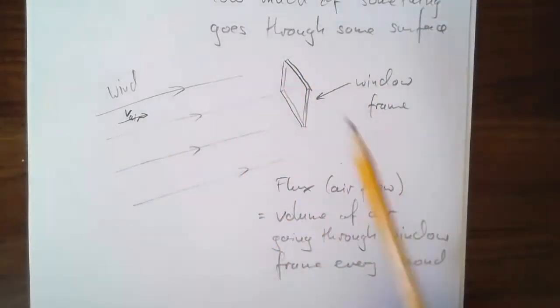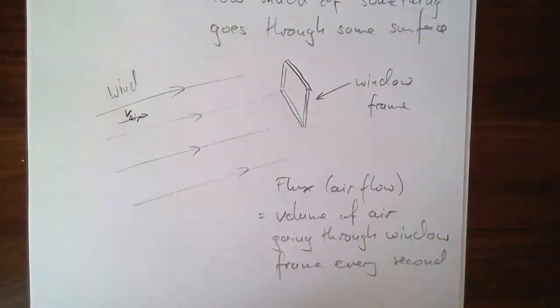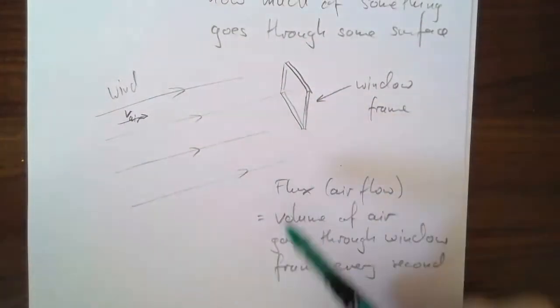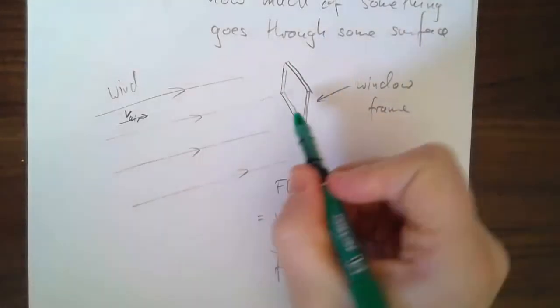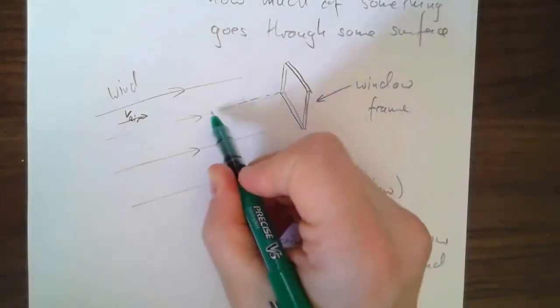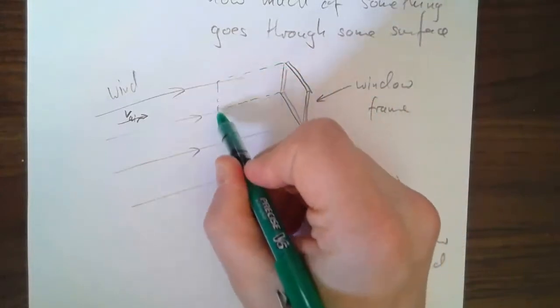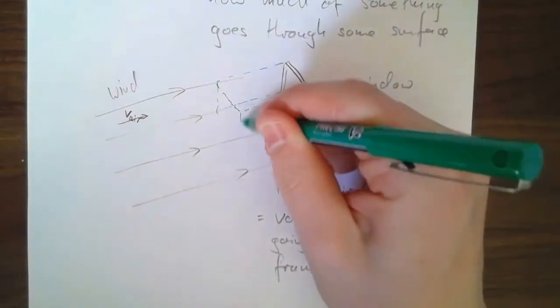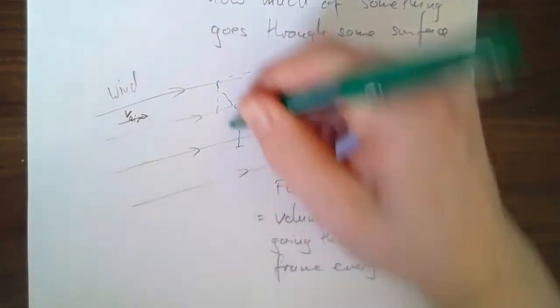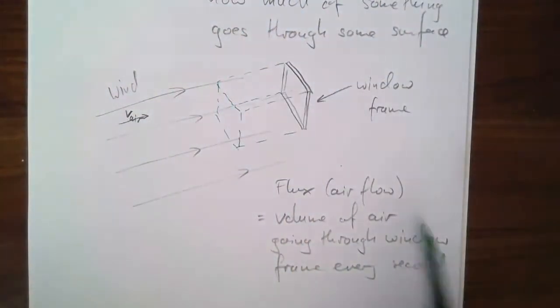The way to make sense of this, imagine that you want to ask, well, what air is going to go through the window in the next second? Well, you might imagine a box, something like this, and I'm going to continue to try to draw this in 3D. You can imagine a box like this that's sticking out from the window frame.